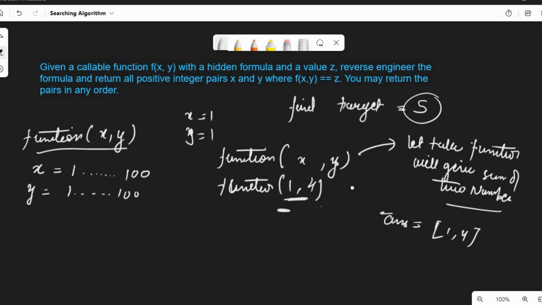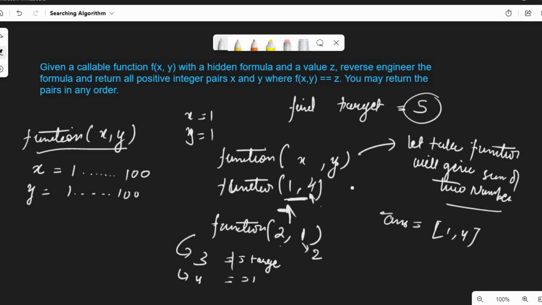After getting the answer, let's increment x. X is 2 and y again starts from 1. Now this will give 3, which is not equal to target. Now change y to 2, so this will give 4.